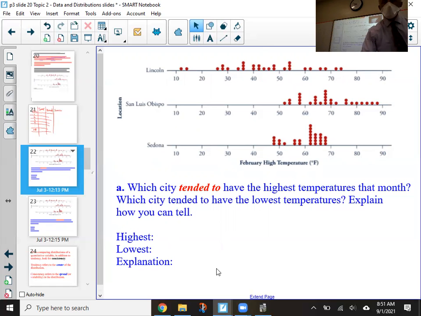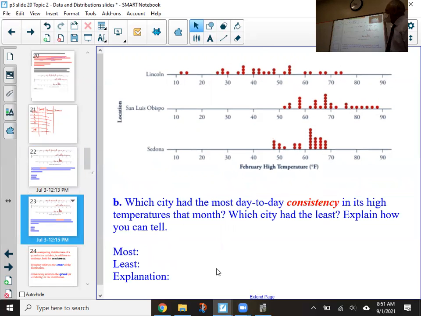And then the next slide asks which city had the most consistency in its temperatures that month. So I'm looking at spread for consistency. It seems like Sedona, all their temperatures in the month of February were between like 48 and 68. San Luis Obispo was between 51 but went all the way up almost to 90. And of course, Lincoln, Nebraska had a 12-degree day and then a 74-degree day.